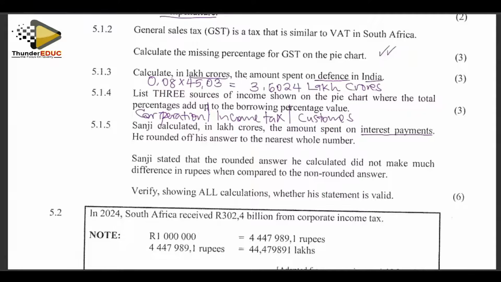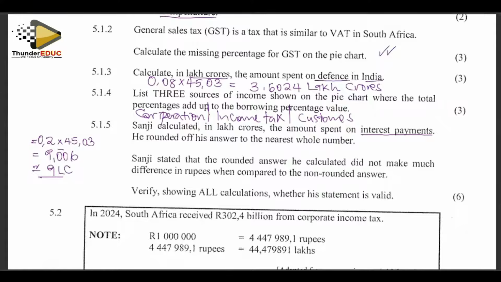So we shall say 20% times 45.03, and he got 9.